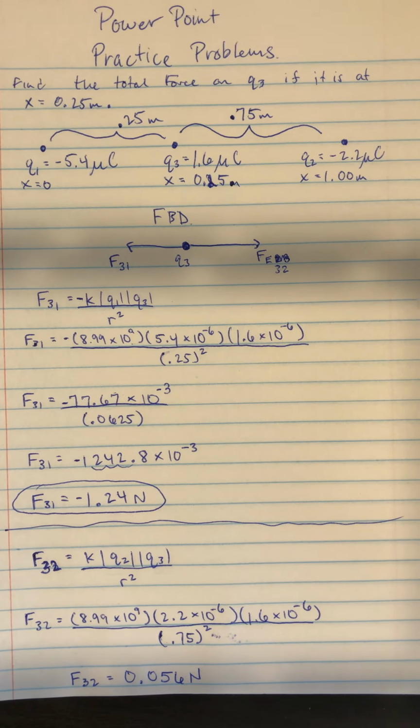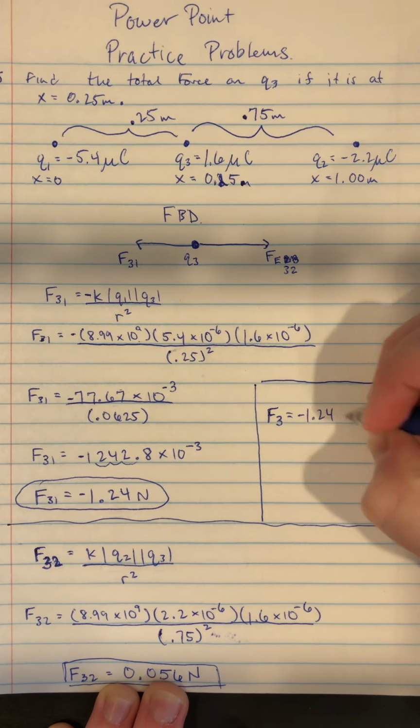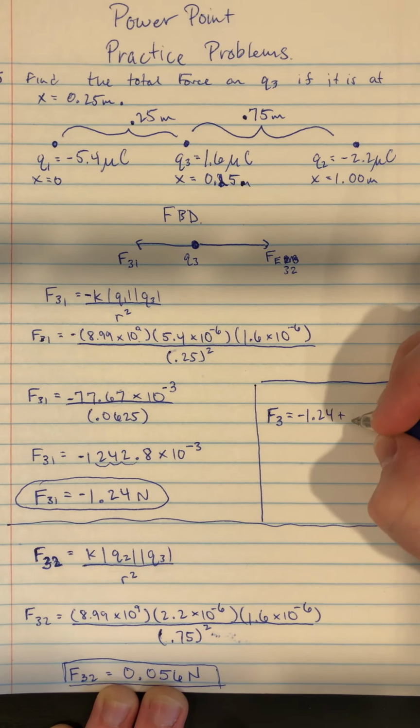We want to find the total force. Well, we have this to the left, this to the right. So the total force on 3 is going to be negative 1.24 plus 0.056.